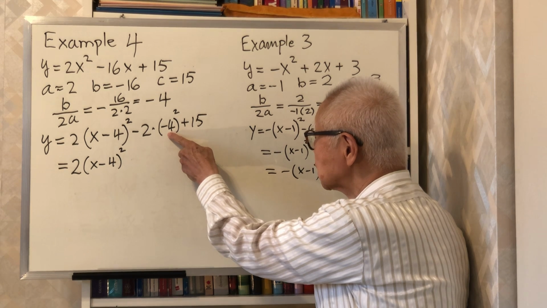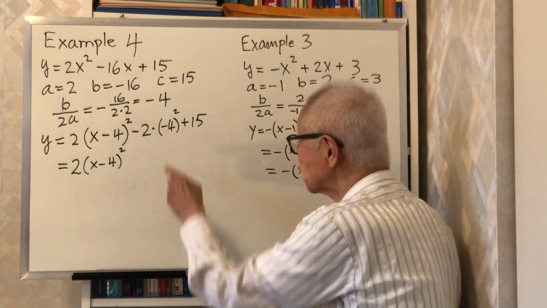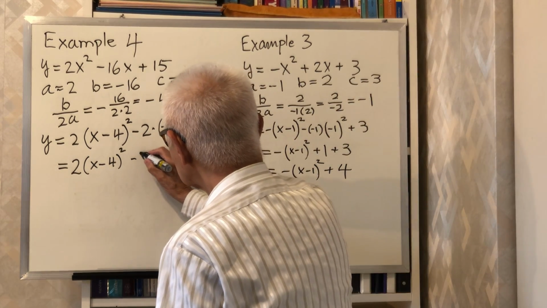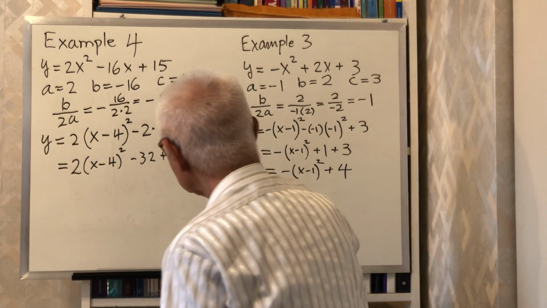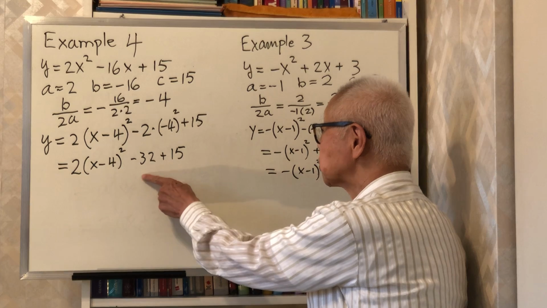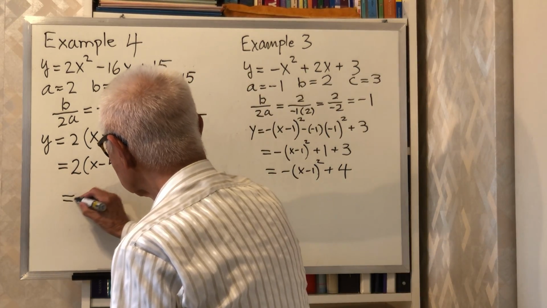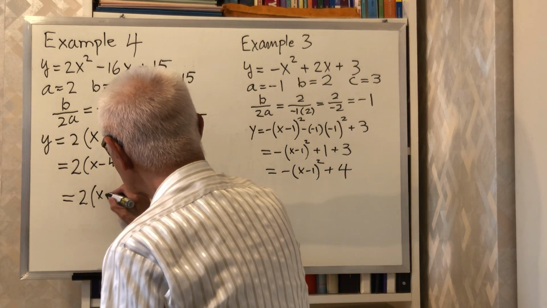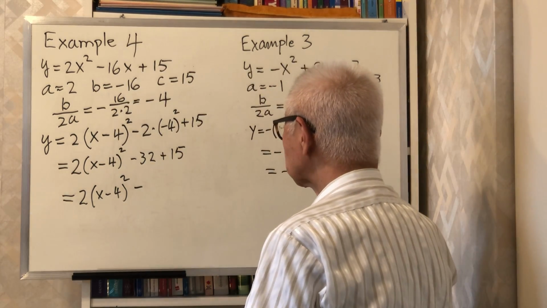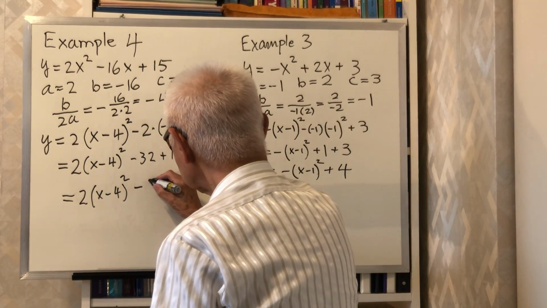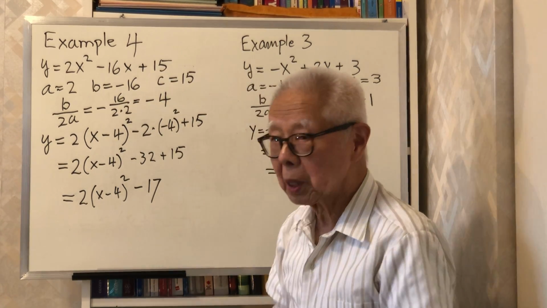Minus 4 squared is 16. 16 times 2 is 32, minus 32. Minus 32 plus 15 is minus 17. So this is my result of completing the square.